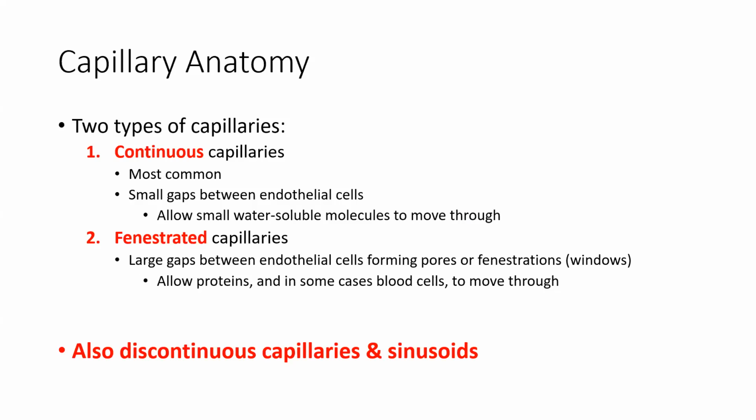Things can just freely flow through the openings or the windows in between the endothelial cells for these discontinuous capillaries. Some of the examples here are the bone marrow. So think about the production of erythrocytes or red blood cells in the bone marrow. They need to be able to escape to get into the blood. And so having a discontinuous or more freely open flow between bone marrow and the capillary network is ideal in that instance in terms of that movement of red blood cells.